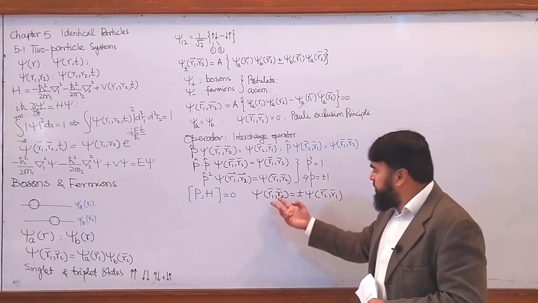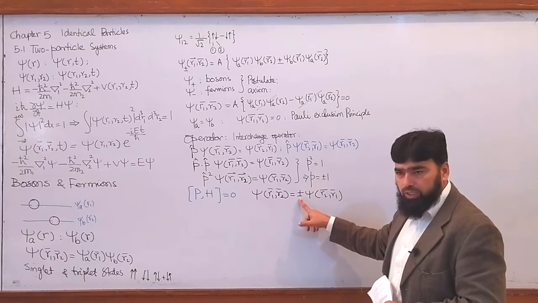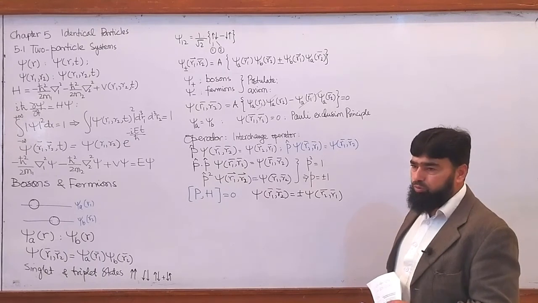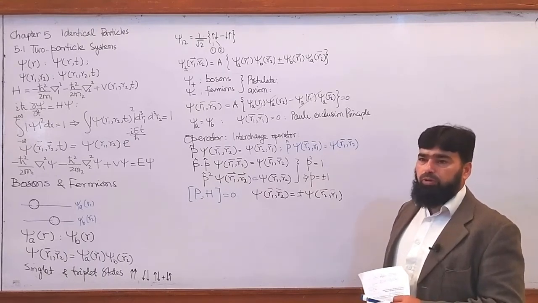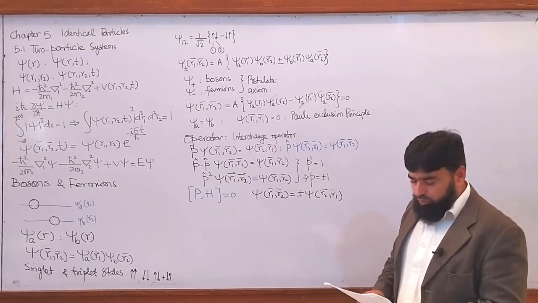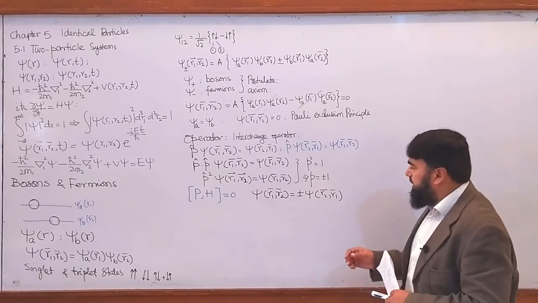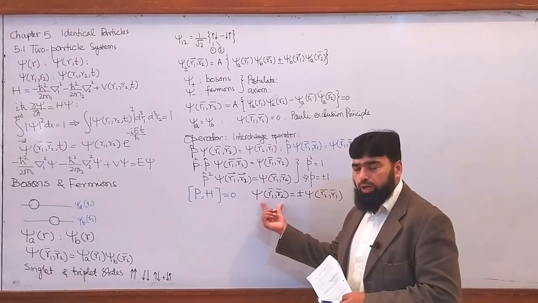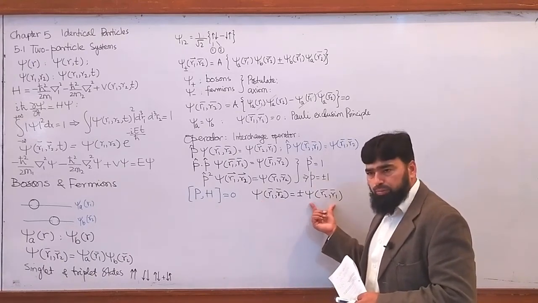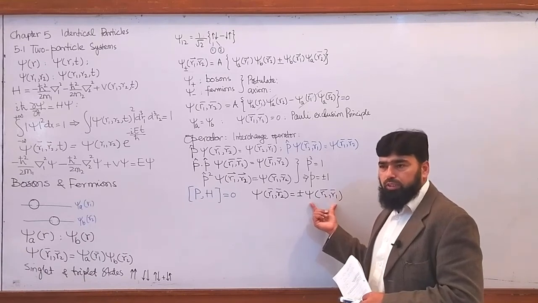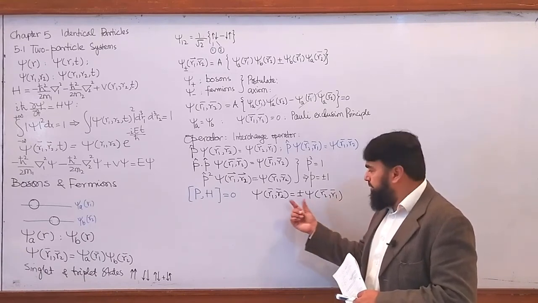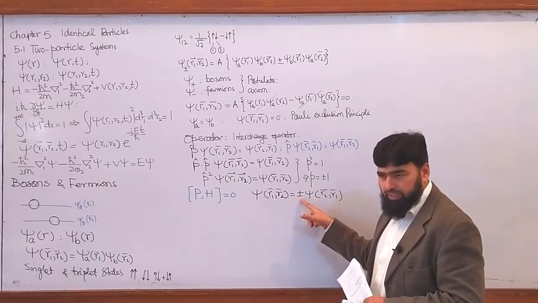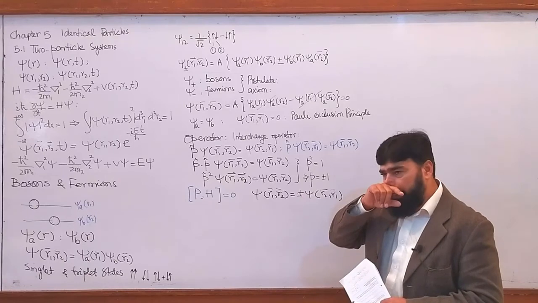If I exchange the coordinates and minus comes in, then it will be another kind of wave function. The function will have a different property. If you change the coordinates and the function remains the same, you call it symmetric. And if you change the coordinates and the function changes its sign, then you call it antisymmetric.